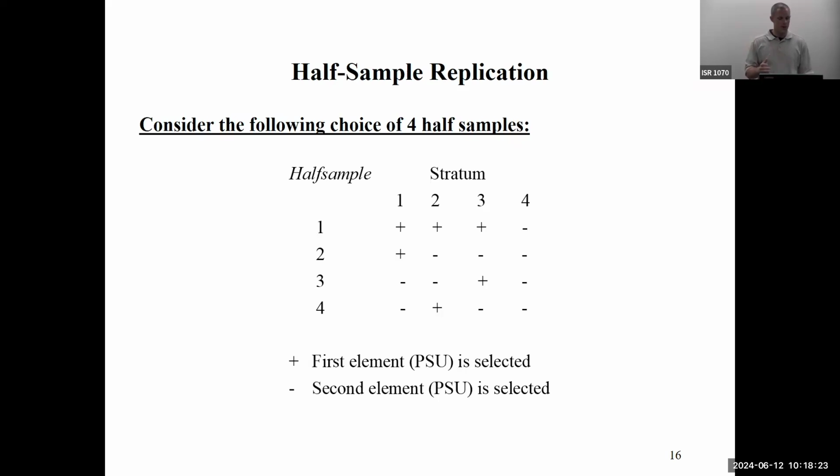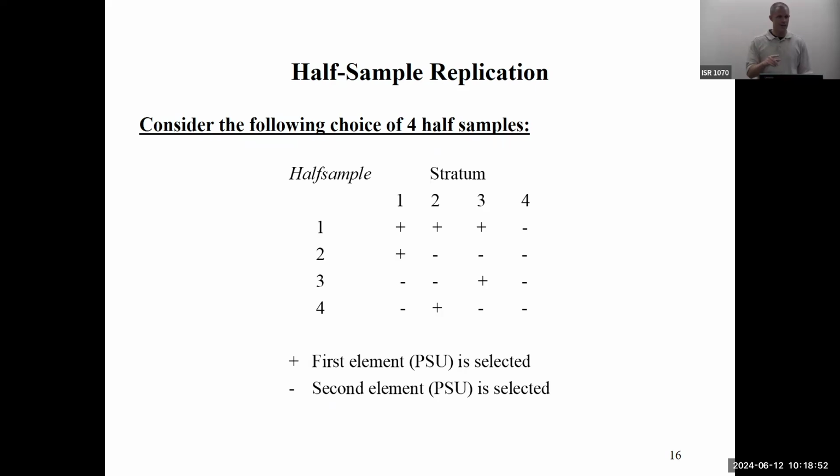So balanced repeated replication relies on the formation of these Hadamard matrices. They have their origins in design of experiments, where you form a full factorial design looking at different experimental factors. That's where these matrices came from. They have this balancing property that the different replicates have no covariance in aggregate. We're eliminating the covariances between the replicates in the way that the half samples are being formed.